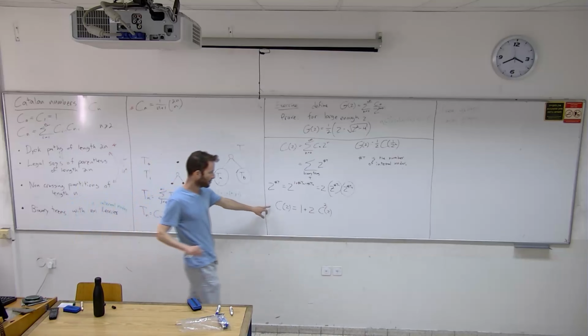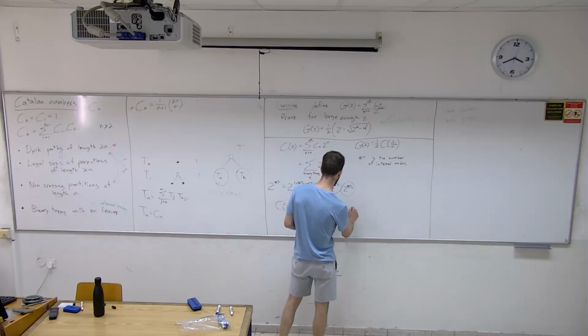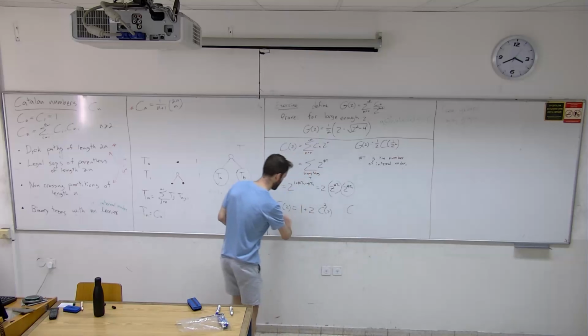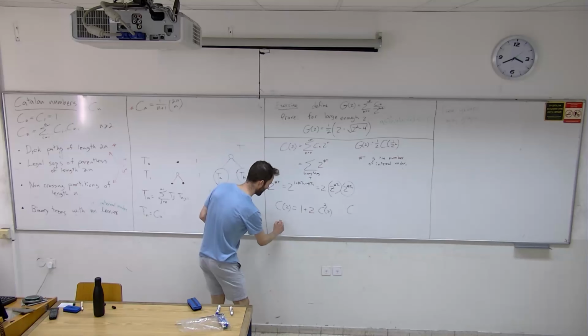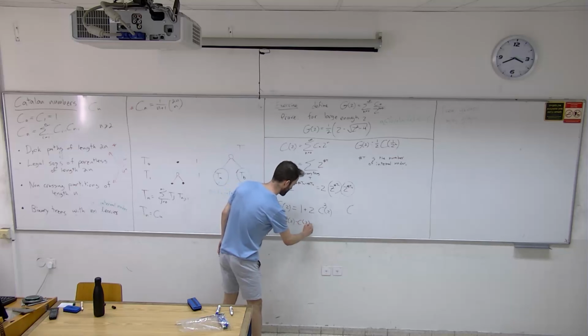Okay, now I just need to solve this equation. So I'll just rewrite it in a way that it's easier to do. So it's Z times C of Z squared minus C of Z plus 1 equals 0.